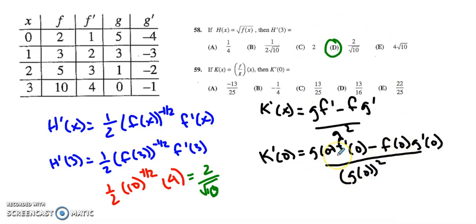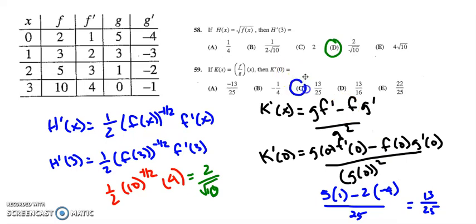So now g of 0, looking at my table, is equal to 5. f prime of 0 is 1, minus f of 0 is 2, g prime of 0 is negative 4, g of 0 is 5, so I'm squaring that. So now I get 5 plus 8 is 13 over 25, and my answer is C.